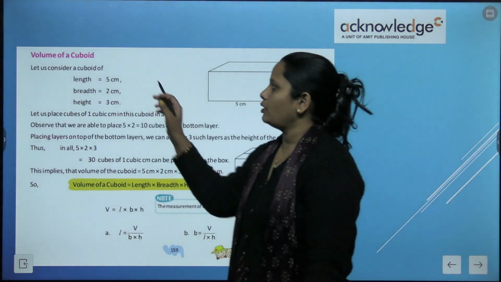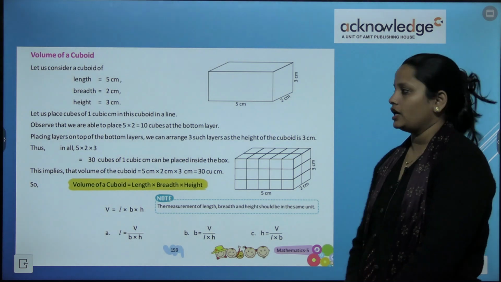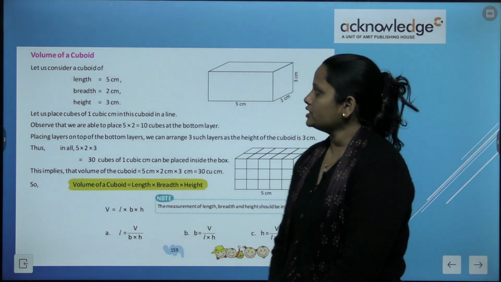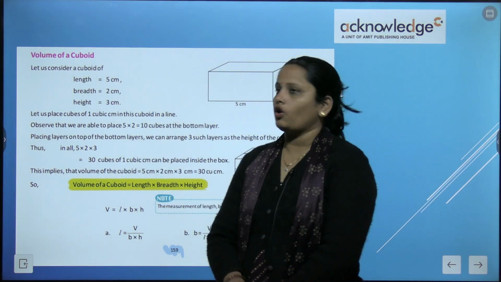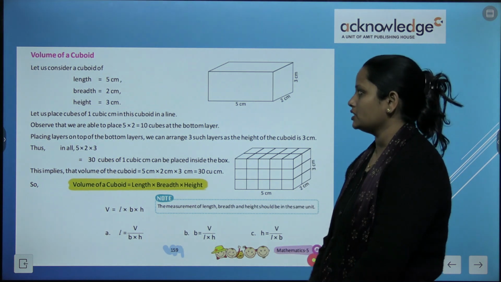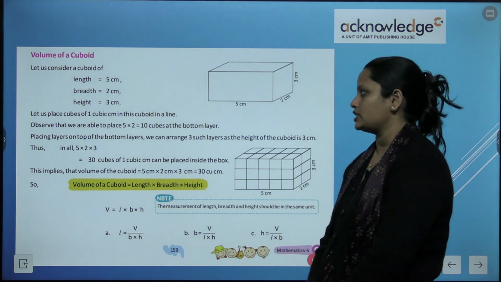Now let's learn about the volume of a cuboid, जो एक rectangle का 3D shape होता है. Let us consider a cuboid of length 5 cm. एक cuboid है जिसकी length है 5 cm, breadth है 2 cm और height है 3 cm.